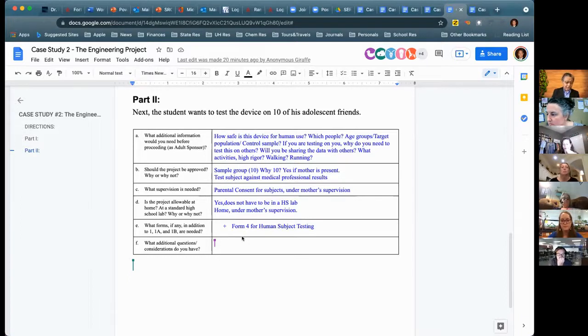What are you going to do with your human subjects? Are you going to give them the information of the result? Because if you do, then you might be violating a rule where you're now diagnosing, and you're not authorized to do that. You're not qualified to do that.